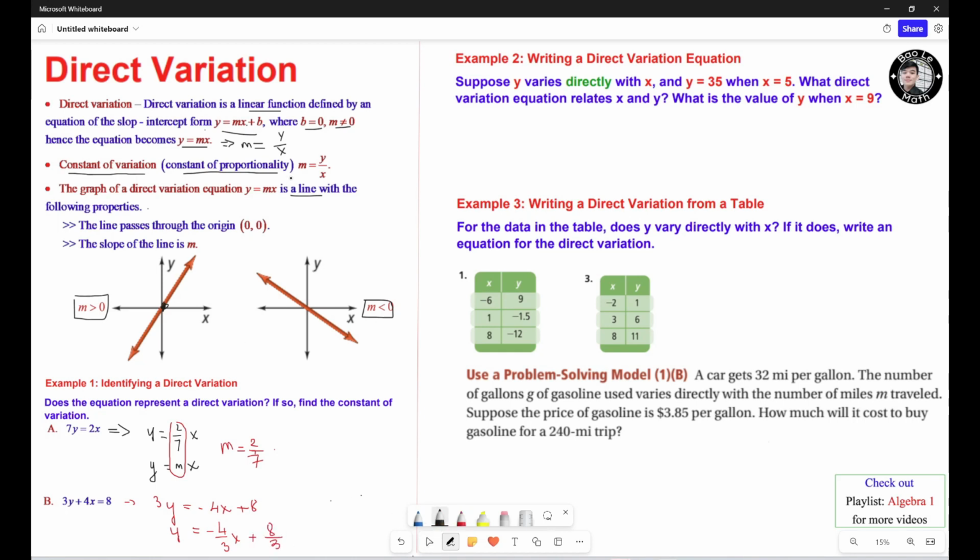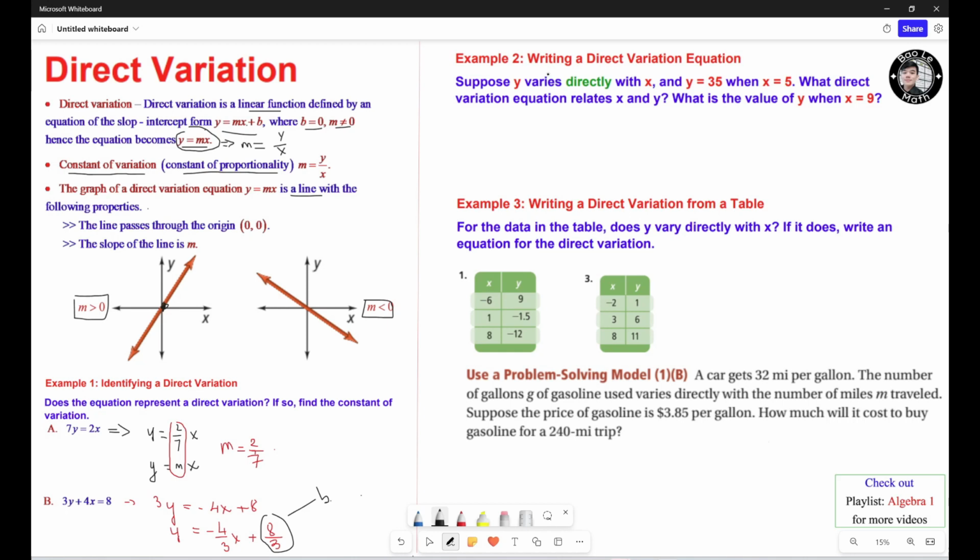Now we look at the equation of the direct variation, y equals mx only. Now we have b right here equal to 8 over 3. This is b. But the direct variation equation says b must be equal to 0. Now b equals 8 over 3, so this is not a direct variation equation.